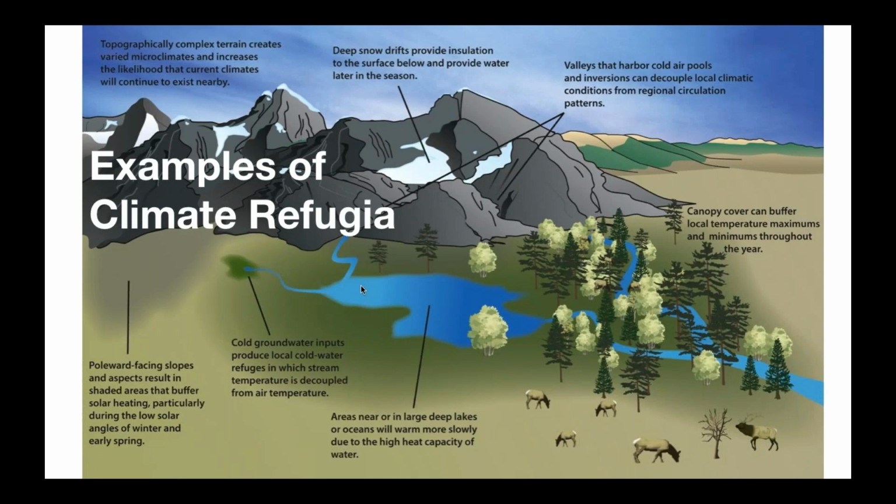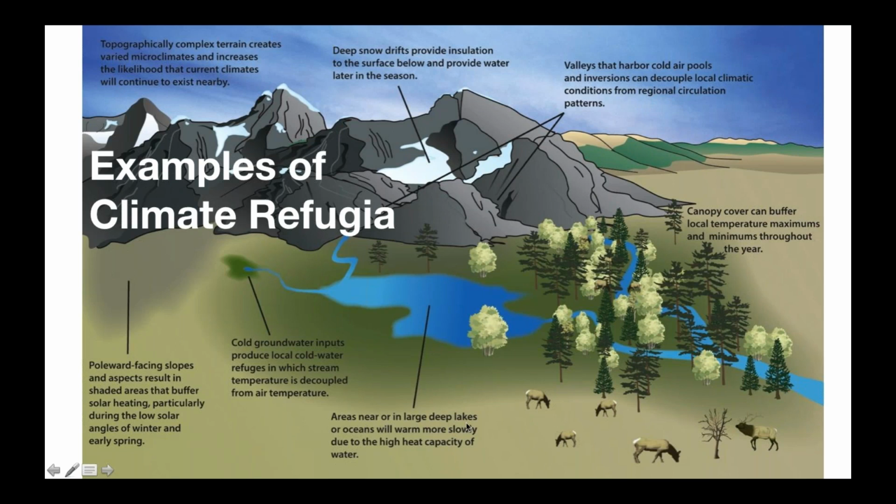Here's a diagram that has a bunch of examples of climate refugia. So like cold water inputs produce local cold water refuges in which the stream temperature is decoupled from the air temperature. Poleward facing slopes are less susceptible to increases in temperature. Valleys that harbor cold air pools, canopy cover, can buffer local temperature maximums and minimums throughout the year, as our previous example showed.